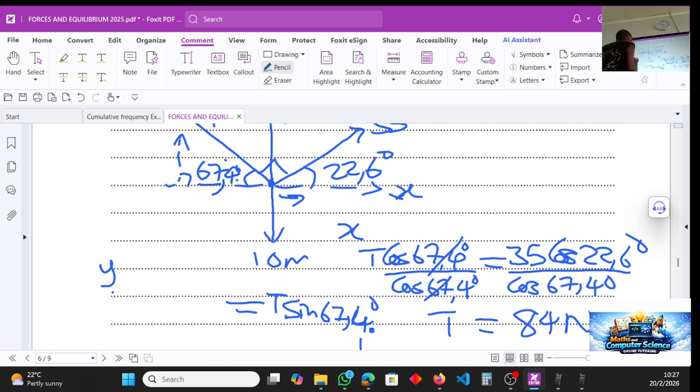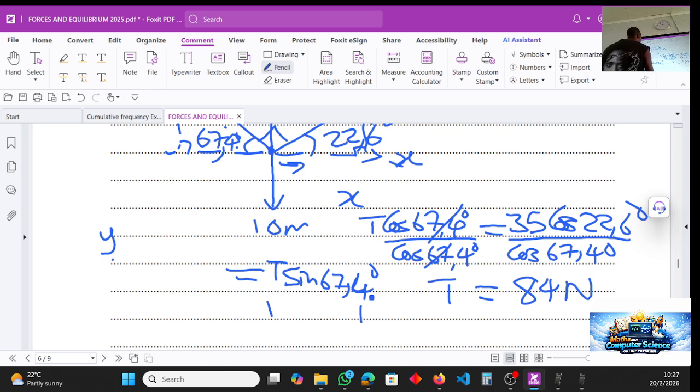Same applies here: as I go up the plane, I'll have 35 sin 22.6. So I can say T sin 67.4 plus 35 sin 22.6 degrees. All this is equal to the weight, which is this component here, 10m. But remember, we already got T as 84.